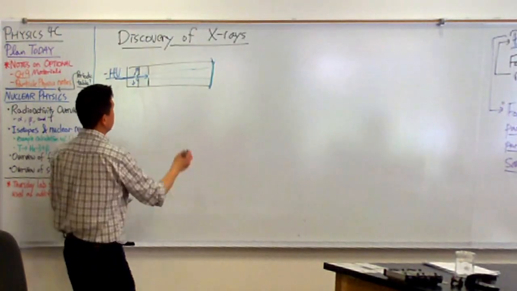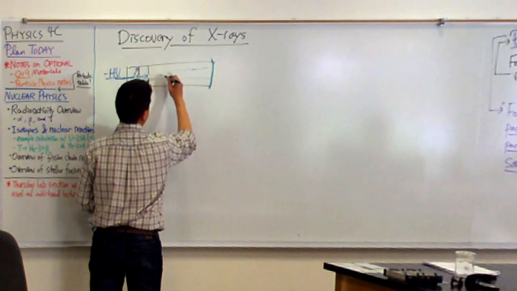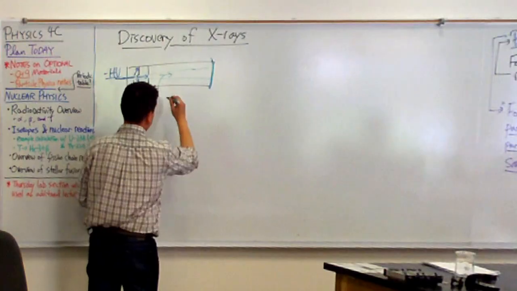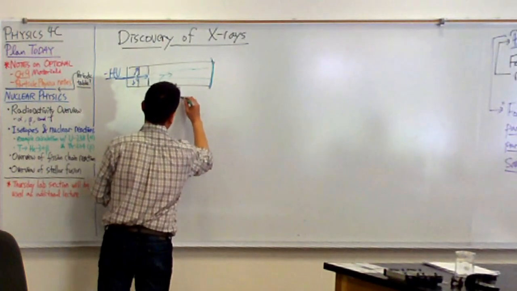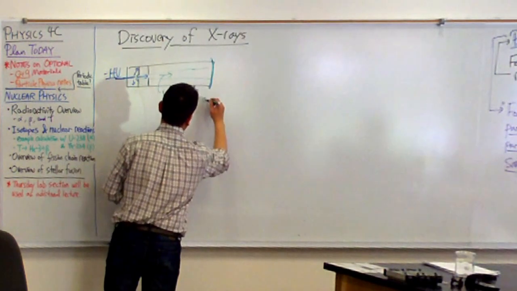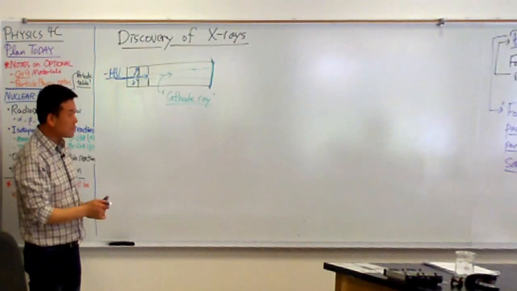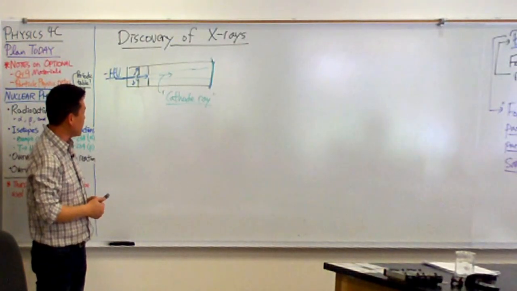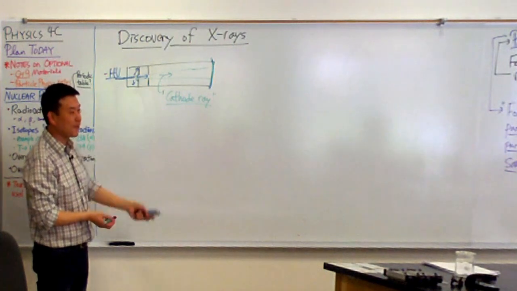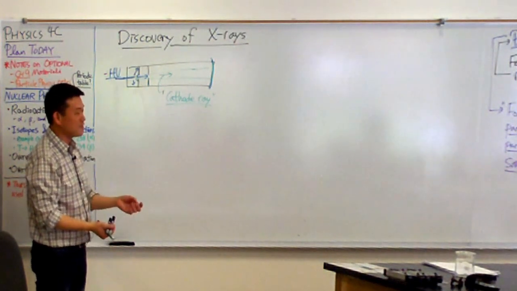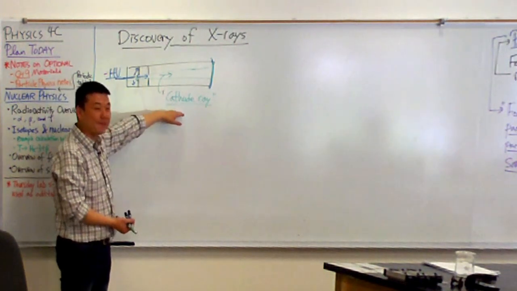So this ray is what people would call a cathode ray, and so the cathode ray tube is that device. And I hesitated when Gauss said the cathode ray is an electron. The subtle distinction is a cathode ray is a beam of electrons.